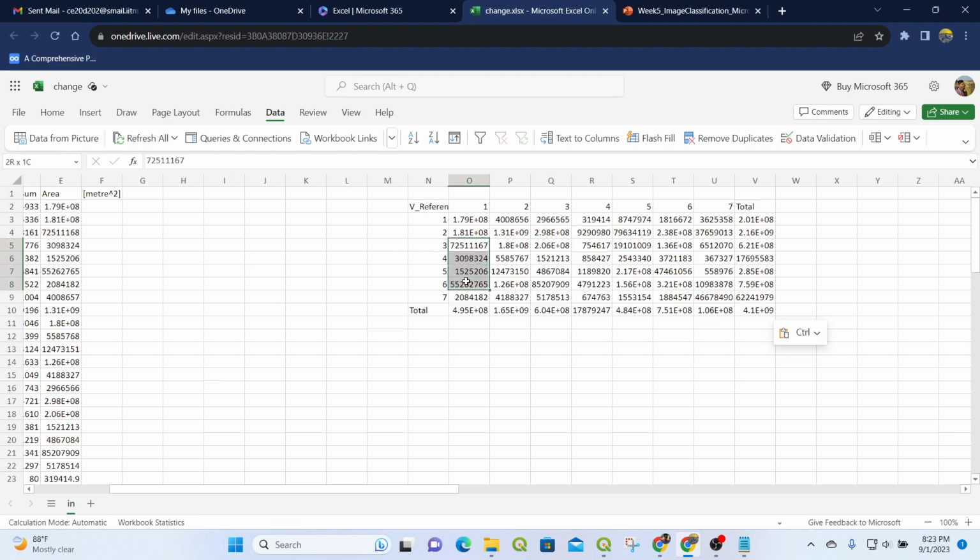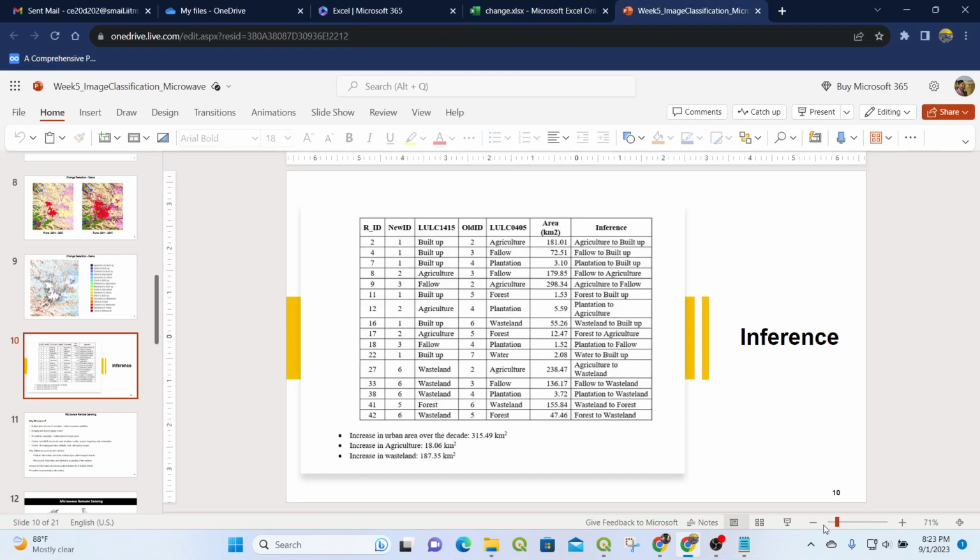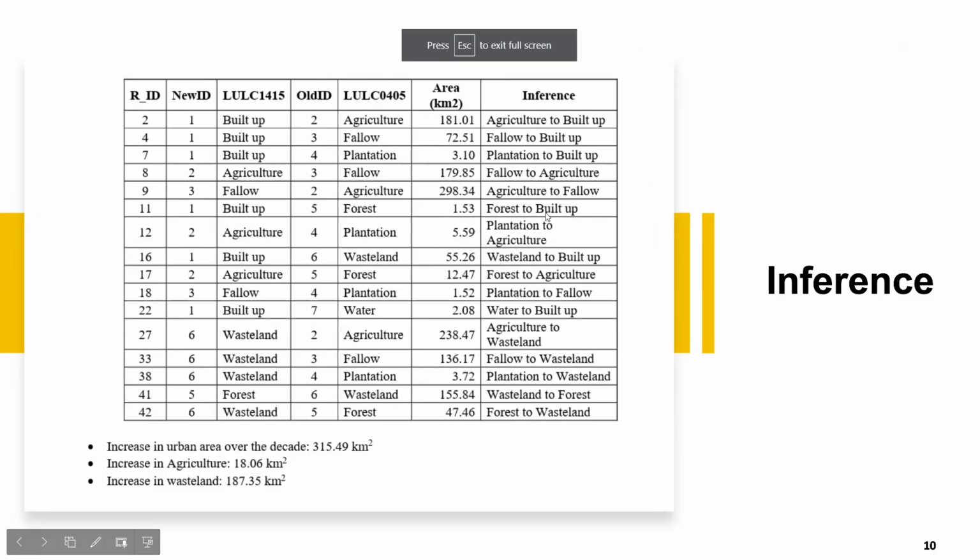Then the rest of the off-diagonals will be your change. So if you see, the first pixel has changed into the second pixel. That kind of changes you can monitor from this, and you will be able to arrive at this table. So that is what the change detection is.